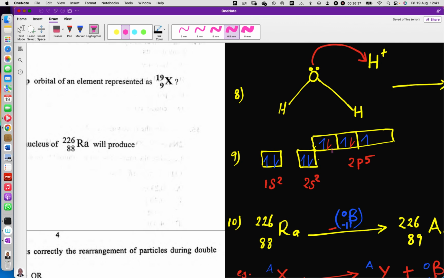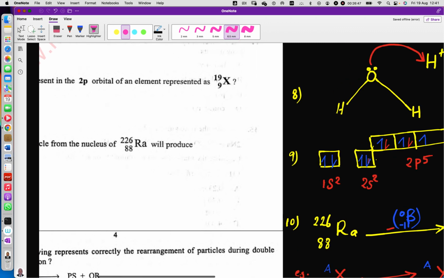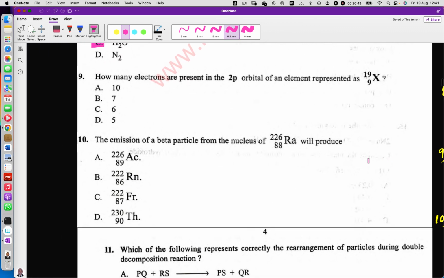In total, how many electrons are in the 2p orbital? We have 1, 2, 3, 4, 5. There are 5 electrons there. If we go to the answer column, for number 9, 5 is D. Question 9 is D.